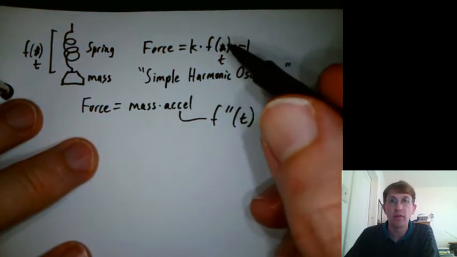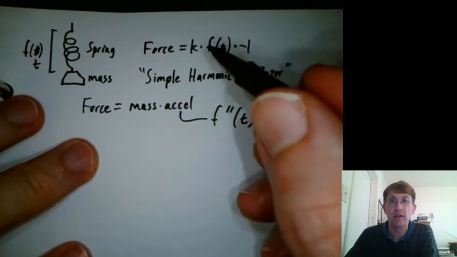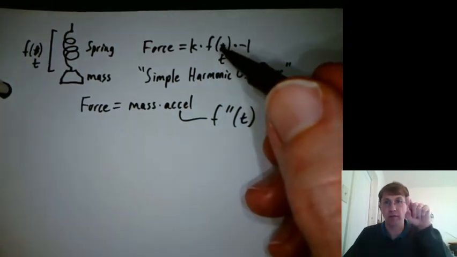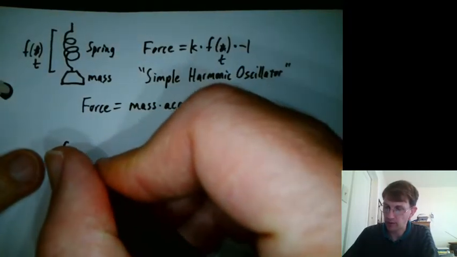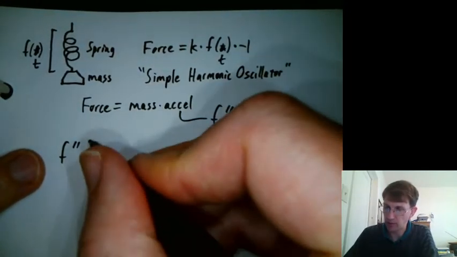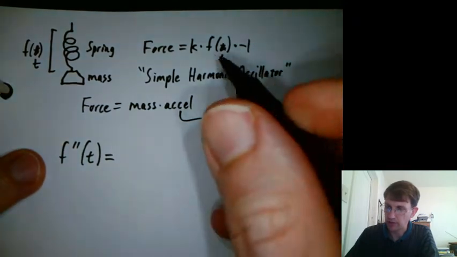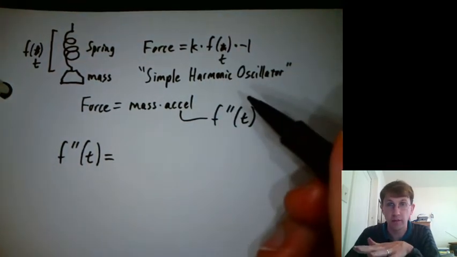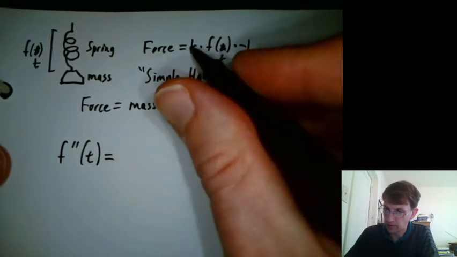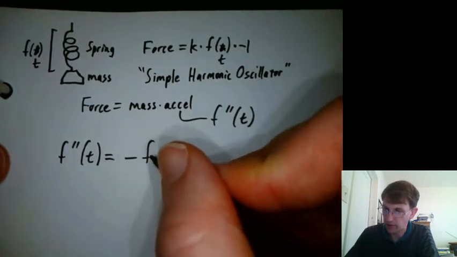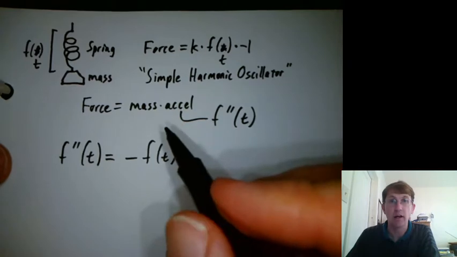So the force is k times the displacement, the amount of stretch of the spring, times -1. So our differential equation is f double prime of t equals, now I'm going to just pretend k is equal to 1 because it makes life a lot easier for now. So we'll have a 1 there and a -1 there, so we'll have negative f of t.